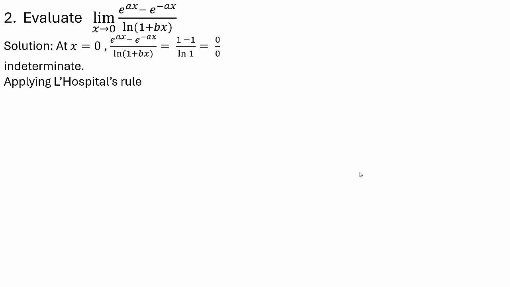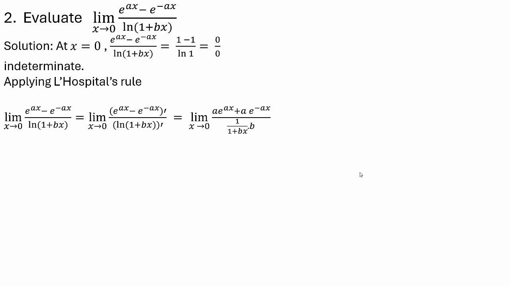Therefore, applying L'Hospital rule, limit x tends to 0 of (e raised to ax minus e raised to minus ax) divided by ln of (1 plus bx) equals limit x tends to 0 of the derivative of (e raised to ax minus e raised to minus ax) divided by the derivative of ln of (1 plus bx), which is equal to limit x tends to 0 of (a into e raised to ax plus a into e raised to minus ax) divided by (b divided by (1 plus bx)).